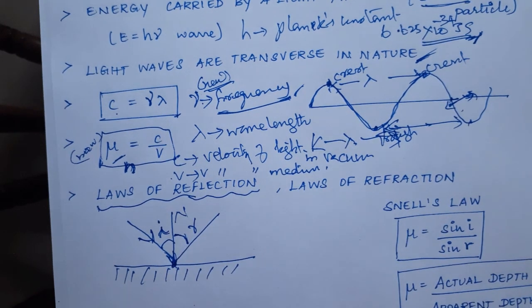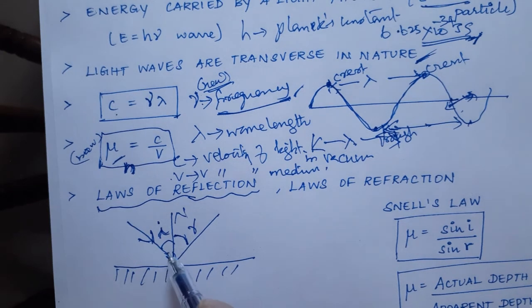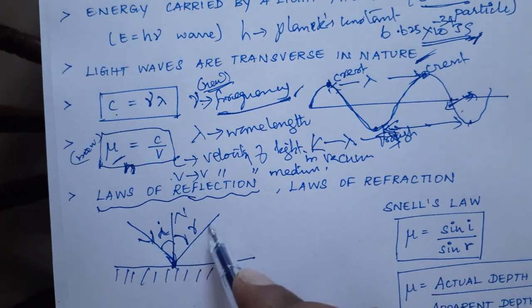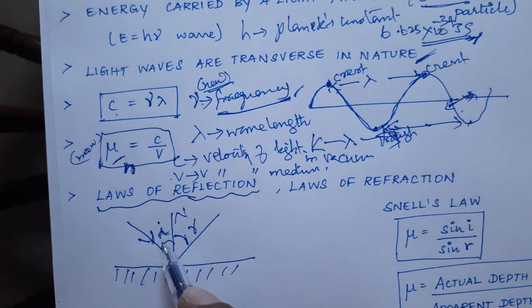The first law states that the angle of incidence, that means the angle subtended by the incident ray with the normal, is equal to the angle of reflection. Angle of reflection is the angle subtended by the reflected ray with the normal. This is one law of reflection.